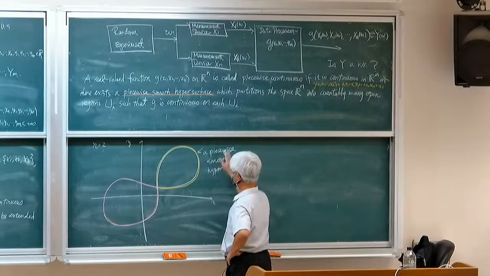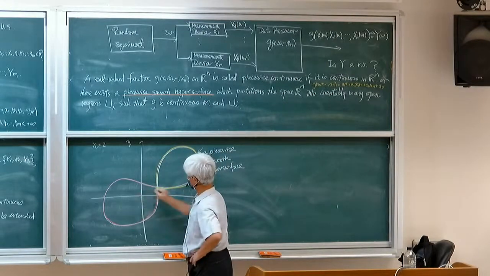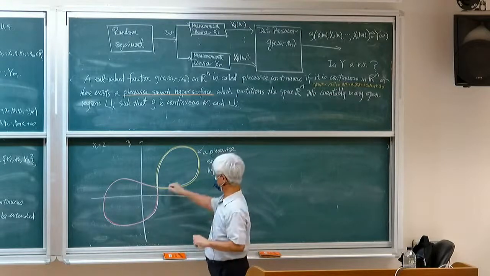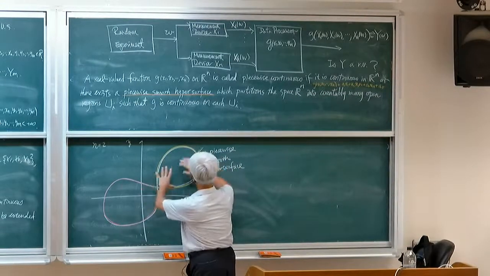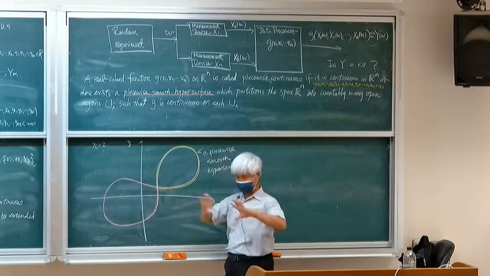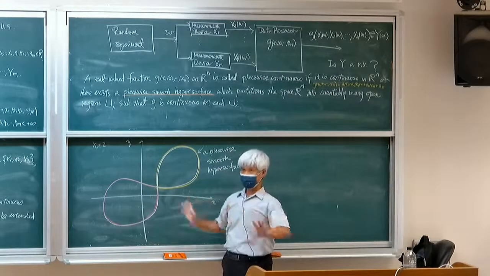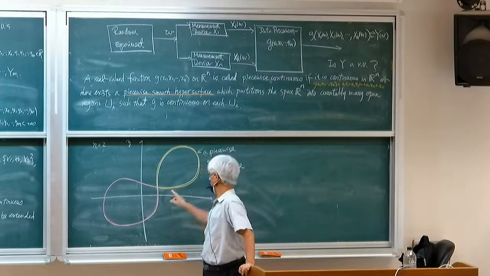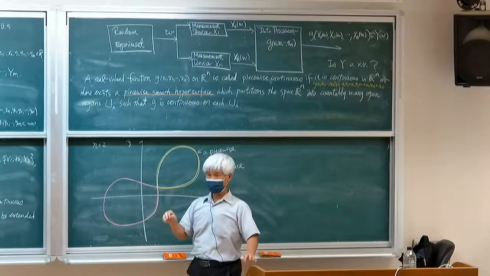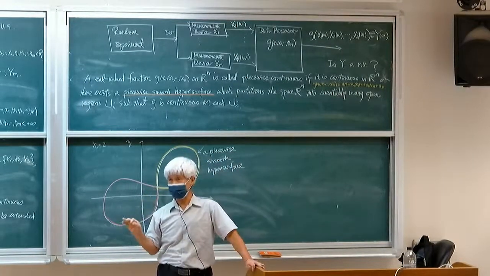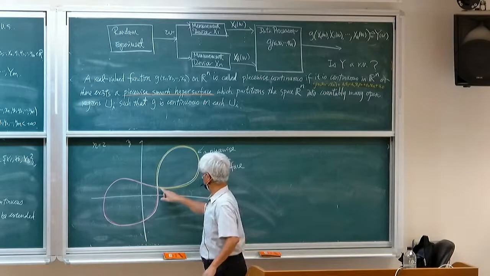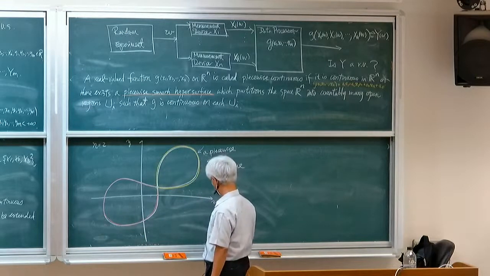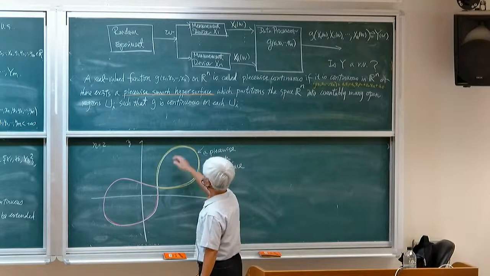So it's piecewise because we can divide it into pieces by using some points. A point is zero-dimensional, so we divide the hypersurface into several parts, and each part is smooth. Smooth means that you can have a coordinate function which is infinitely differentiable.